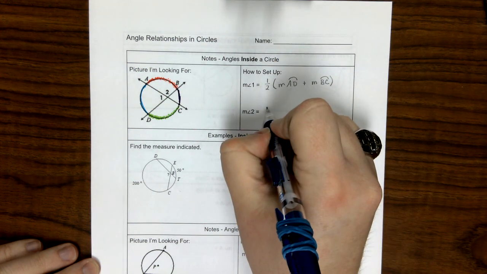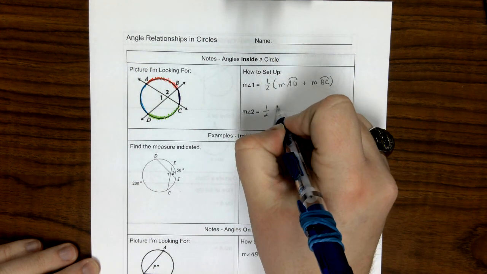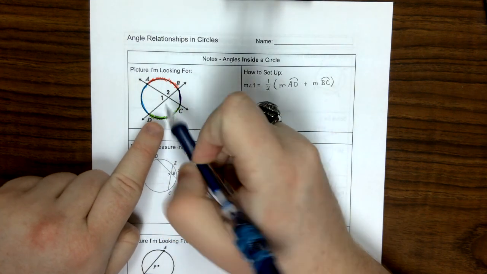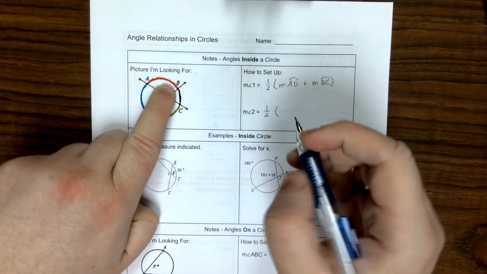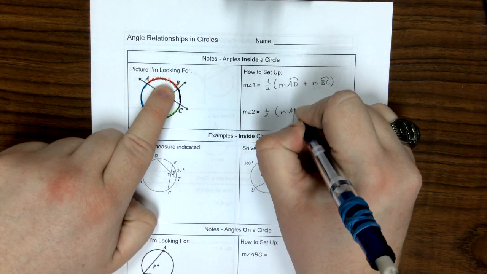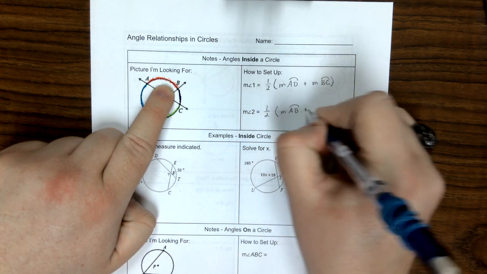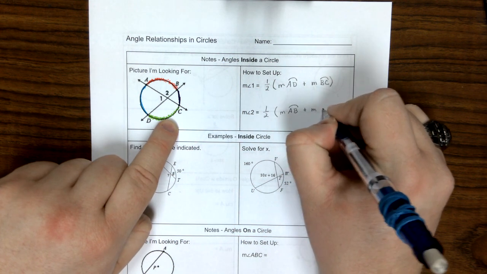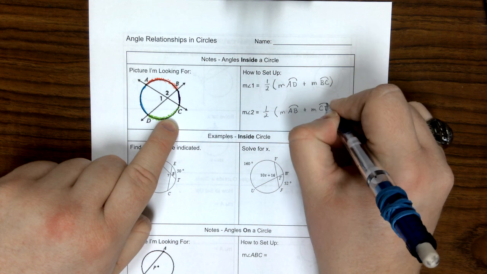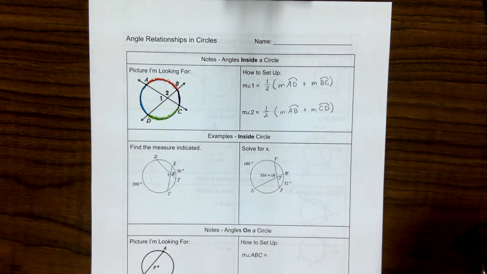It's the same setup, so it's still half, but now you use the two that are opposite angle 2. So we would say the measure of arc AB plus the measure of arc CD.